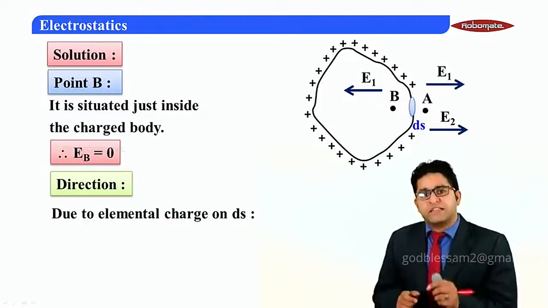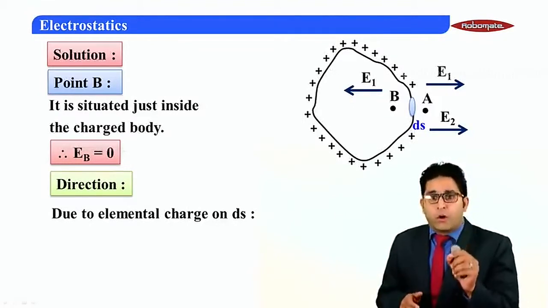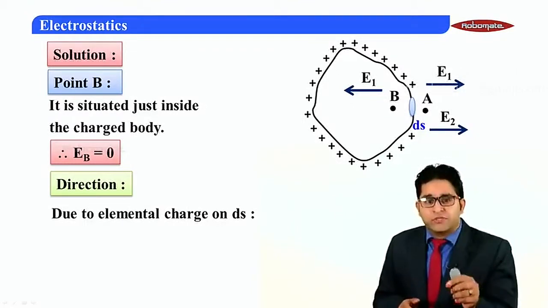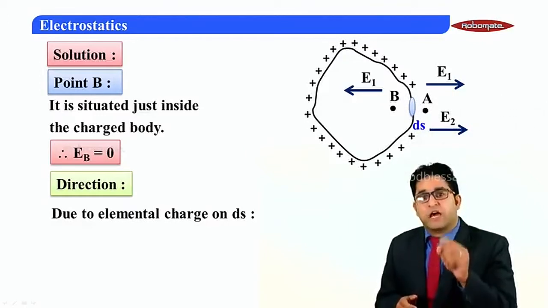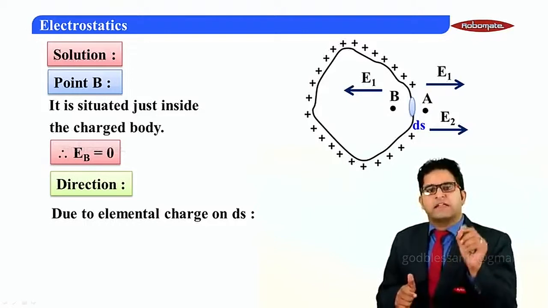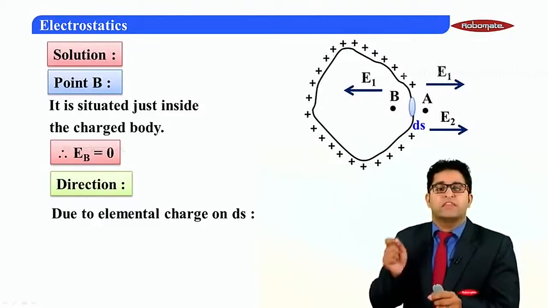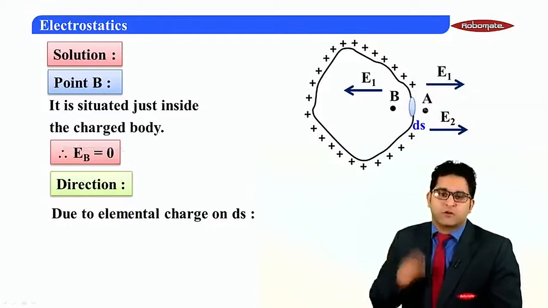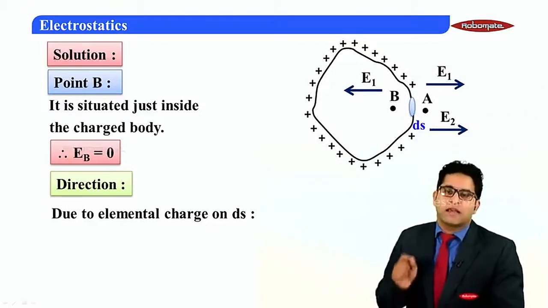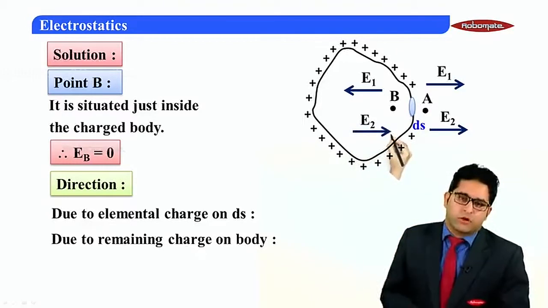Now as it is inside the charged body, intensity at point B should be 0, right? Now in order that intensity becomes 0, the intensity of the remaining charge should oppose E1, right? So therefore intensity at point B due to the remaining charges will be in the opposite direction to that of E1, right? So this is nothing but the direction of intensity E2 due to the remaining charges on the body, right?